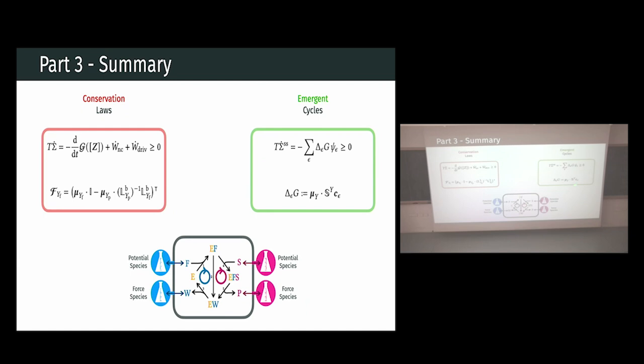We did the same with cycles. So we identified sequences of reactions connecting, if you want, potential and force chemostats. And those reactions create these non-conservative forces again, because along that reaction, since it's an effective reaction, there are only chemostatic species, and from the environment, I'm controlling the chemical potential of those chemostatic species.